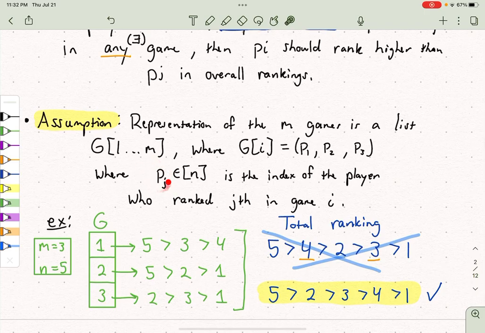So each of these PJs is the index of one of the players. So maybe this is index 4, saying player 4 was first. This was player 2. This is player 10, for example. So this would say player 4 was first, player 2 was in second place, and player 10 was in third place for game I.